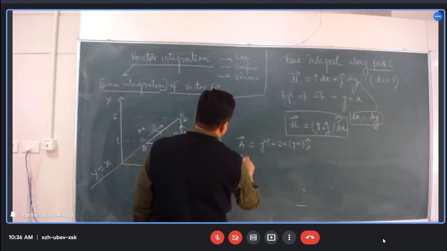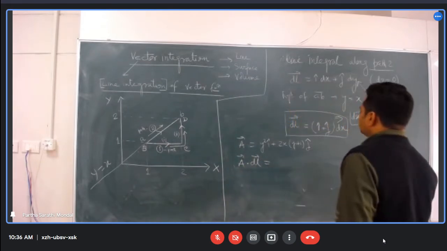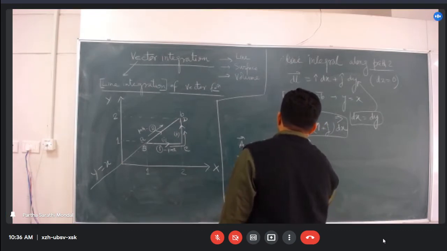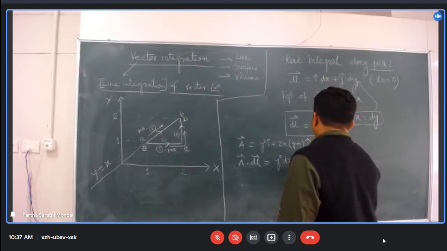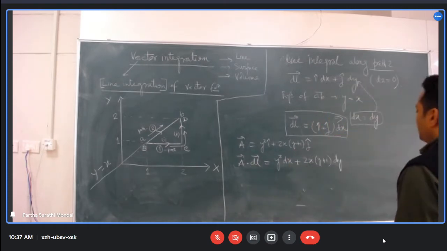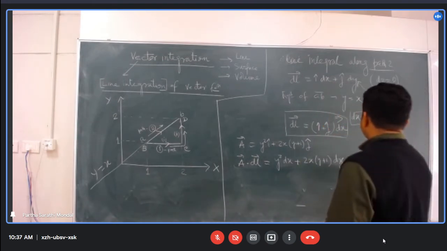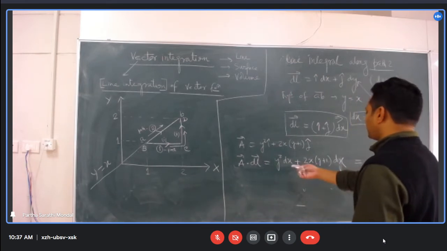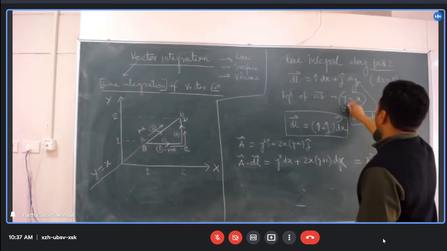Now find a dot dl. How much will a dot dl be? It will be y squared dx, and in j it will be simply 2xy plus 1 into dy. So what I will do is change one of y and x; you can change y or x. So x squared dx, you can write this if I put y equal to x here.